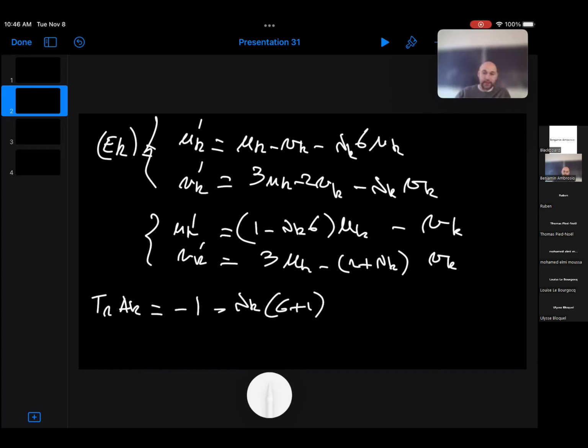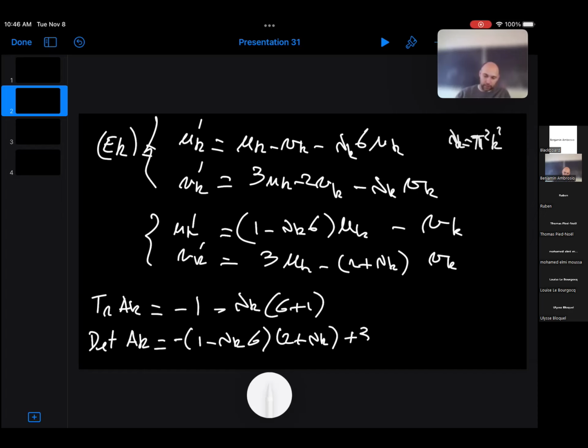Which is negative because I recall here that lambda K is B square K square. And the determinant of AK was 1 minus lambda K sigma times minus 2 plus lambda K plus 3.